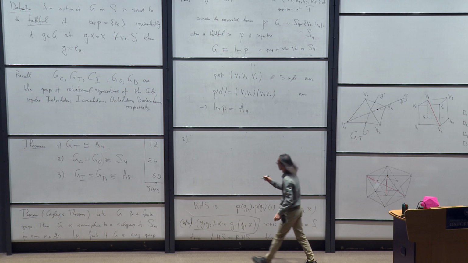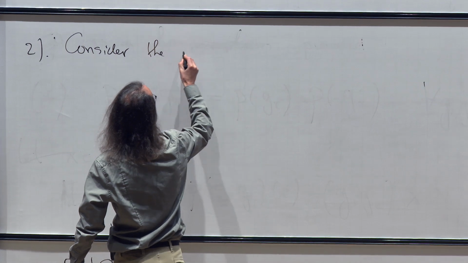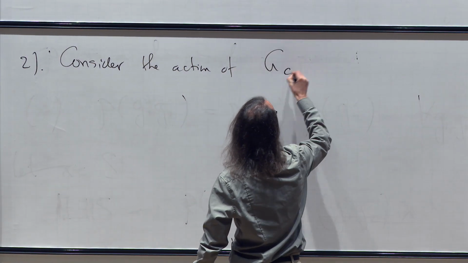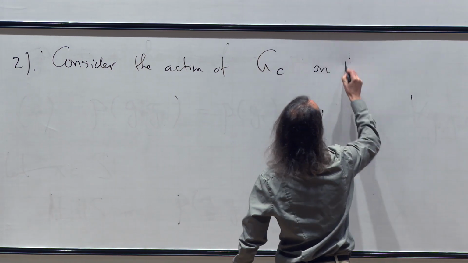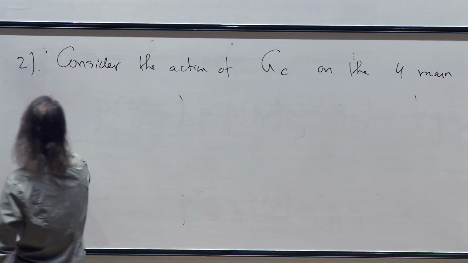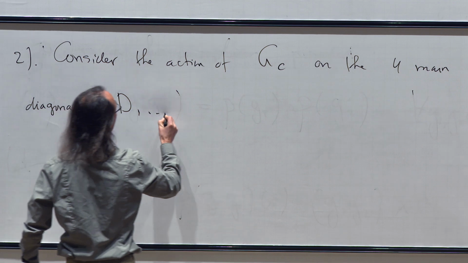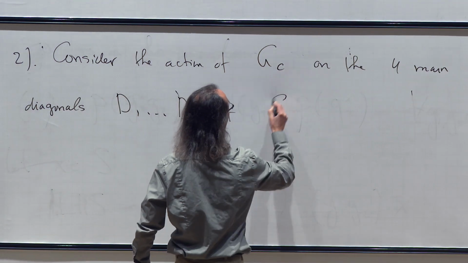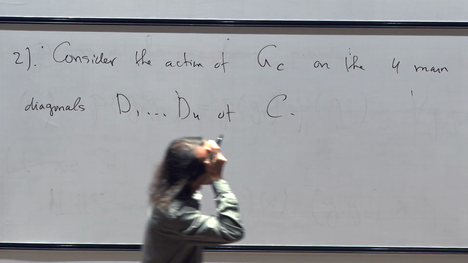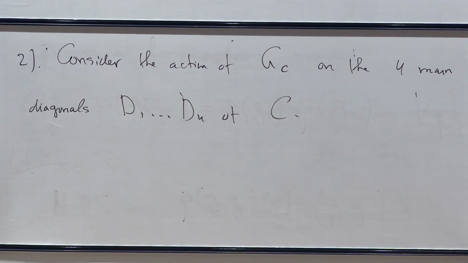So we consider the action of the group of rotations of the cube on the 4 main diagonals D1 through D4 of the cube. Okay. And now the question is, is this action faithful, right?